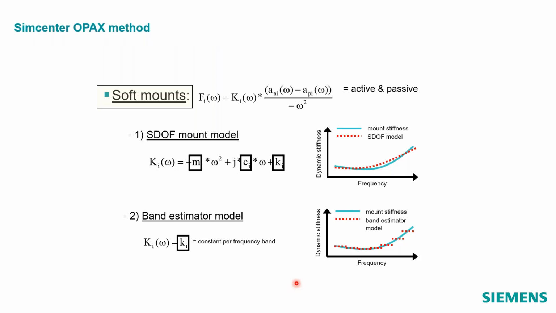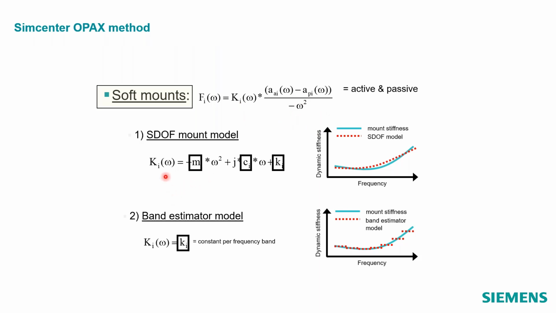And basically, we're going to calculate force equals stiffness multiplied by the displacement. So we can subtract the accelerometer on the passive side from the active, divide by omega squared to convert to displacement, and multiply it by stiffness.